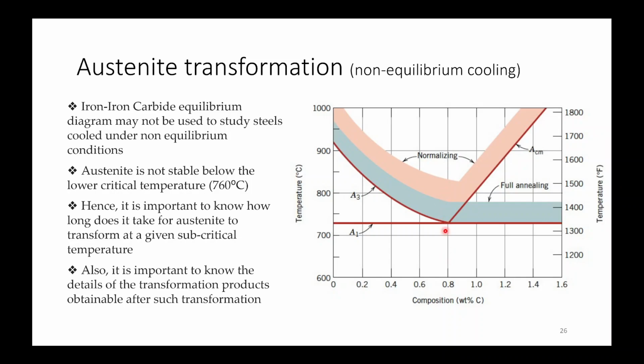When you are cooling from this line, your gamma is transforming into alpha plus Fe3C. So this reaction corresponds to this cooling. If you are cooling at a particular line, this is temperature. I told this earlier in the previous lecture, right?